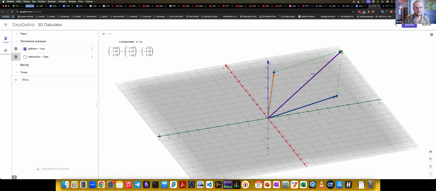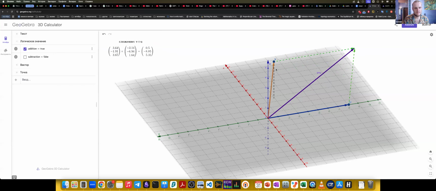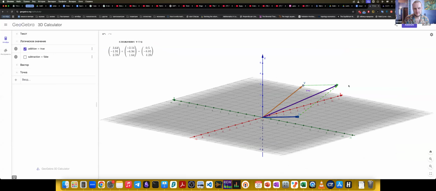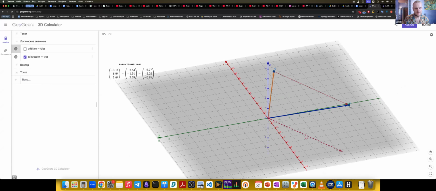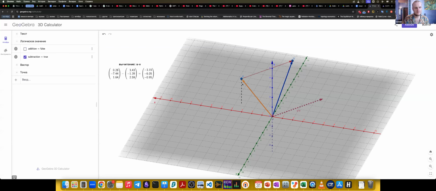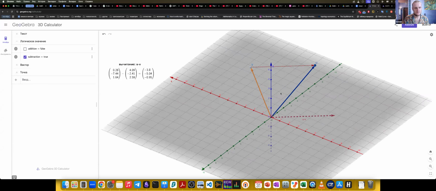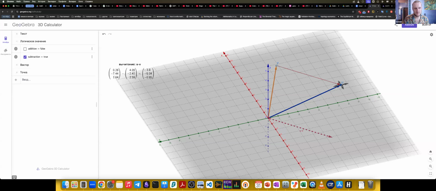Okay, so that is how we add vectors. We can manipulate them in any way we want, and that is the resulting purple vector. And if we pick subtraction, it is a vector that shows us how we move from this point to this point.